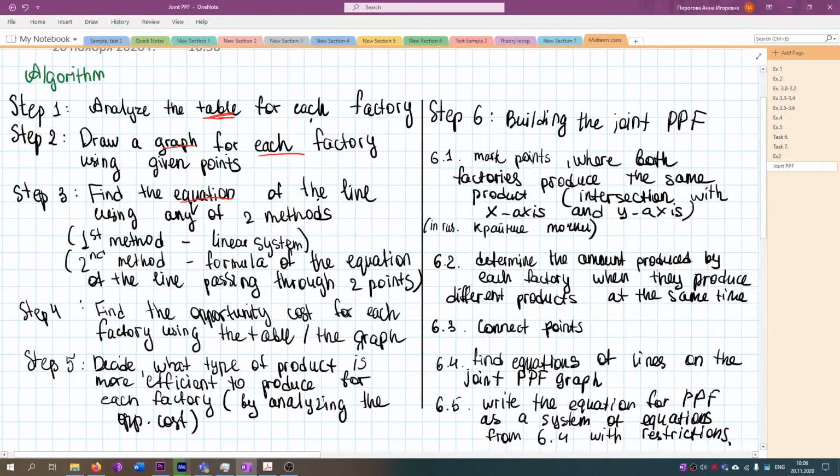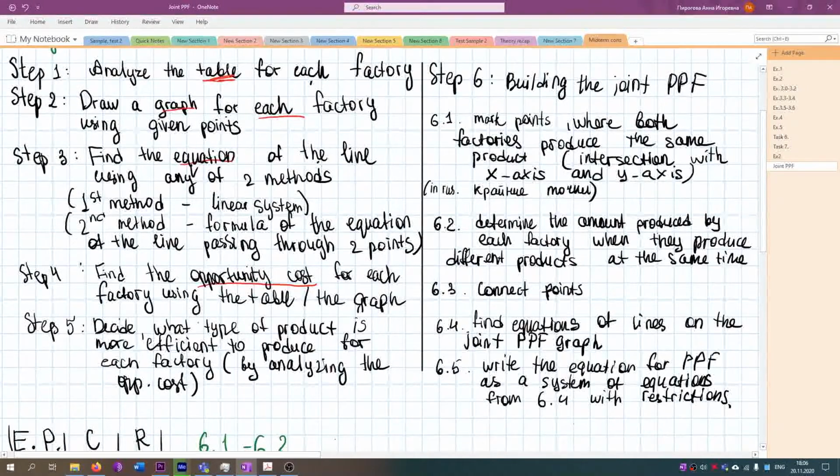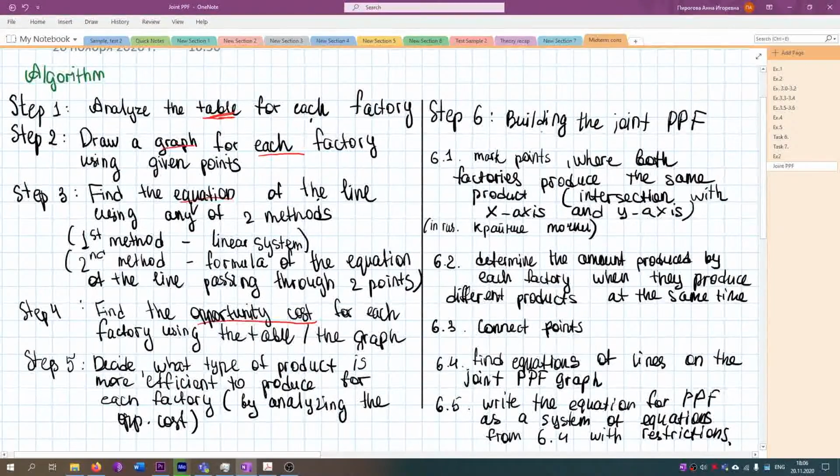And then we will find the opportunity cost for each factory using the table or the graph. We will make a decision what type of product will be more efficient to produce for each factory. Then we will build the joint production possibility frontier. For this, we will mark points where both factories produce the same product.